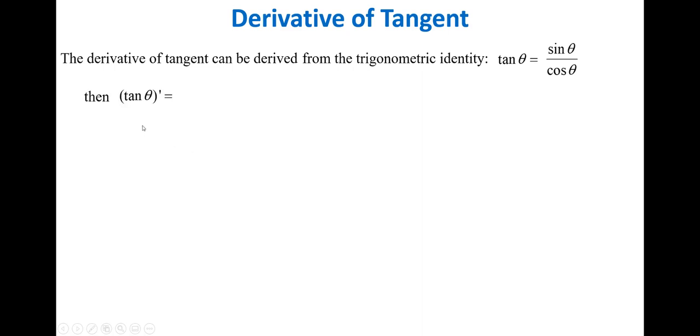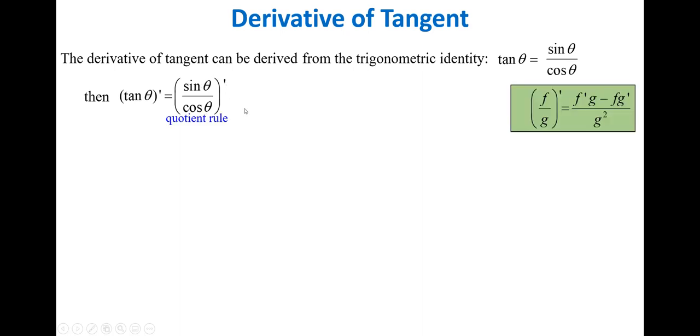Right? Then the derivative of tangent of theta would be the derivative of sine of theta over cosine theta, where f is equal to sine of theta, g is equal to cosine theta, and then putting their corresponding derivatives, f prime is cosine of theta, g prime is negative sine of theta.